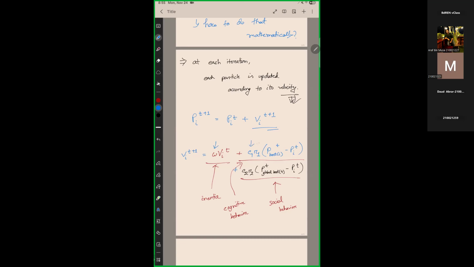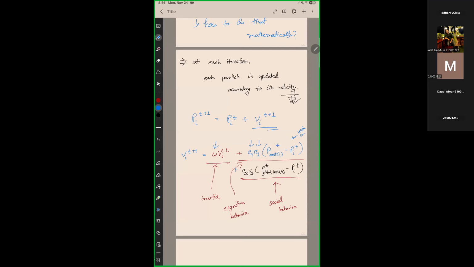C1, R1: I have two constants multiplied. Multiplied with what? P means the position. So this is like a vector. Think of it like a vector summation. The concept is that from my current position, I will move towards the best position. Why? Because it is the current best. So far, if you have explored 3 different places, the one that is the current best, you try to move in that direction.